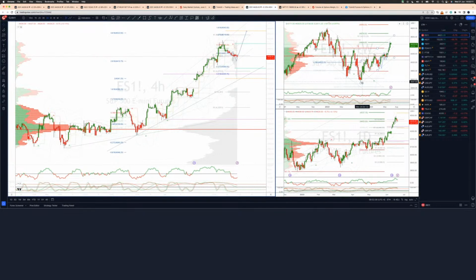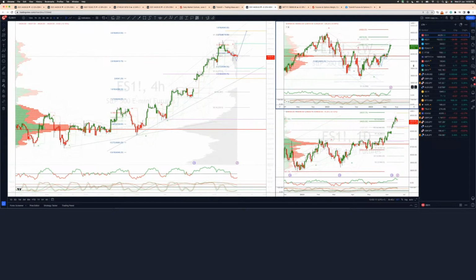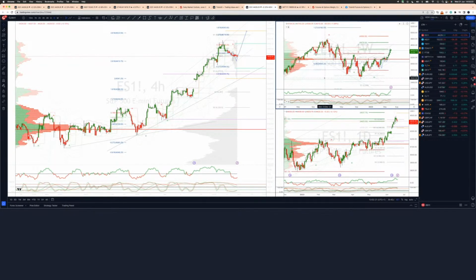So that's going to be a key test there, because from my perspective, if we can take that out on a weekly closing basis, then that is going to open upside objectives to new all-time highs.